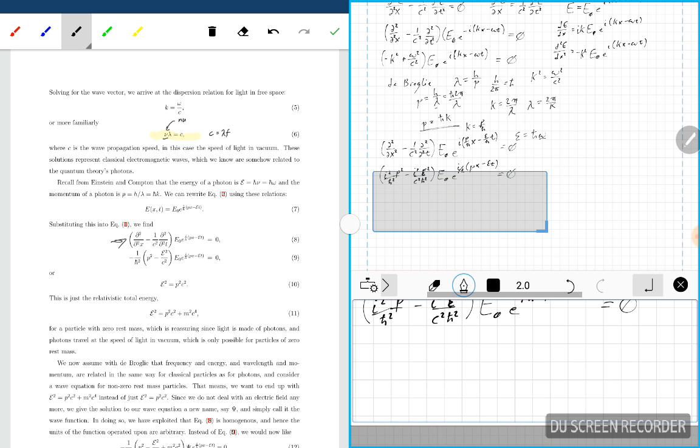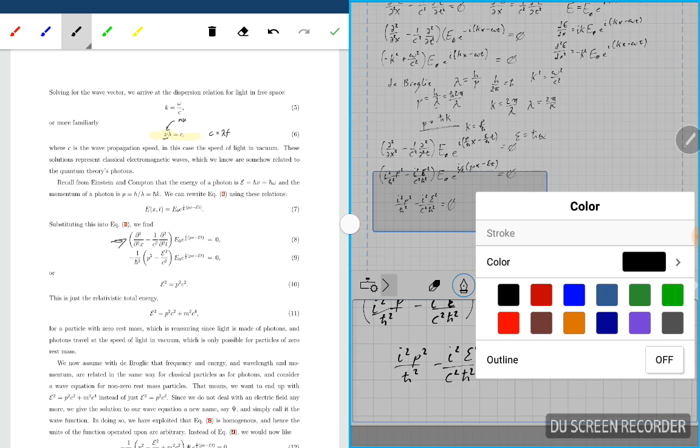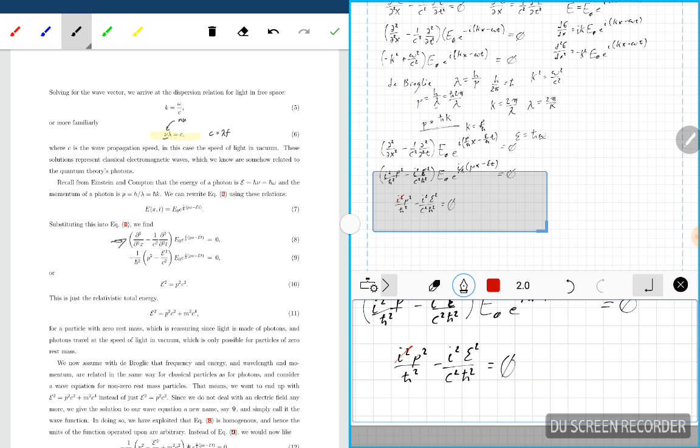So I can multiply my original function on both sides of the equation and it comes right back out. So what I get is i squared p squared over h bar squared minus i squared energy squared over c squared h bar squared equals 0. Now these are going to cancel, cancel, cancel.